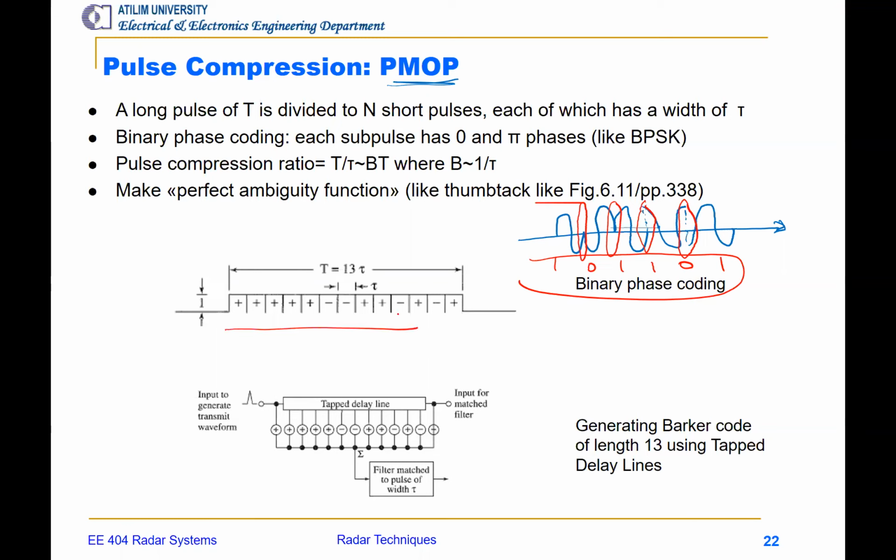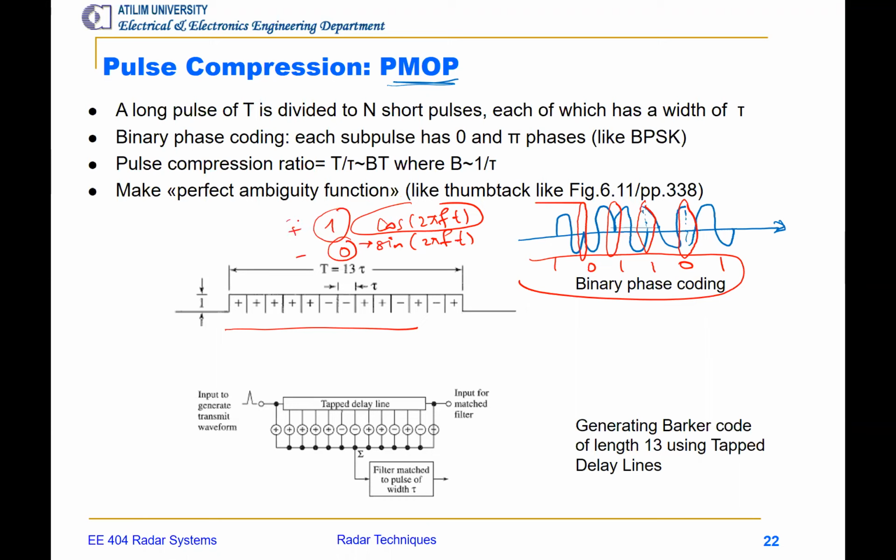Here, for example, we have a binary phase modulation on pulse, let's say. So there are two phases here, plus and minus, let's say cosine and sine, for example. Same frequency, I just transmit cosine, let's say binary 1, and sine for binary 0.